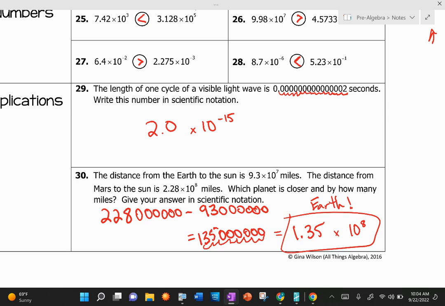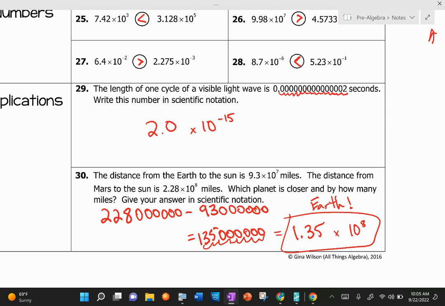I'm going to see how we do on the odds, and if I think we need more practice, we'll go back and do the evens. Yes, the odd problems only. The write your own counts as the last problem that you need to do. So odd ones, and then the write your own.